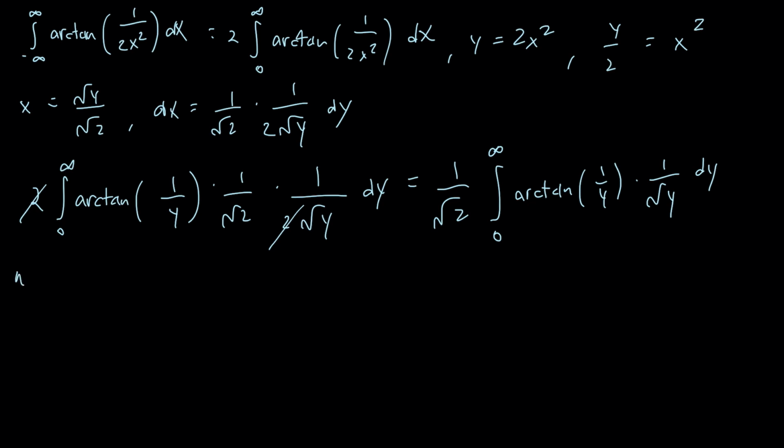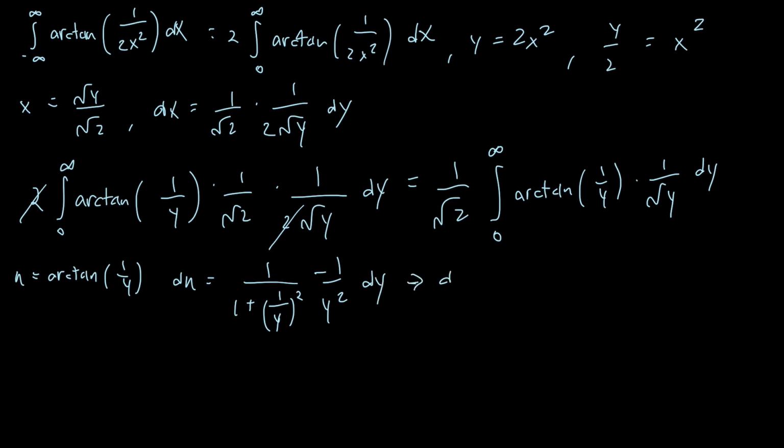So we're going to let u equal the arctangent of 1 over y, and du is 1 over 1 plus 1 over y quantity squared, and then the derivative of 1 over y will be negative 1 over y squared times dy.